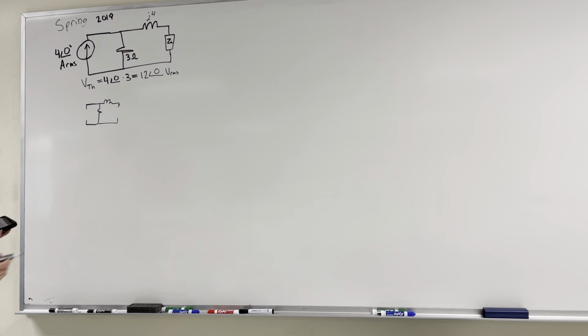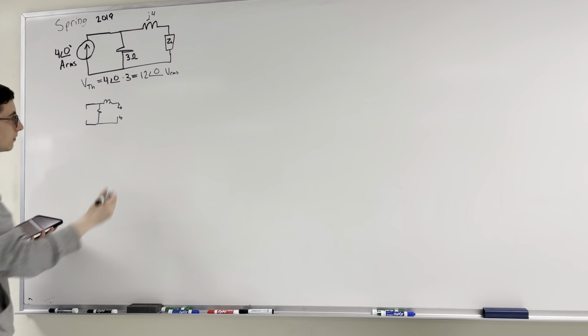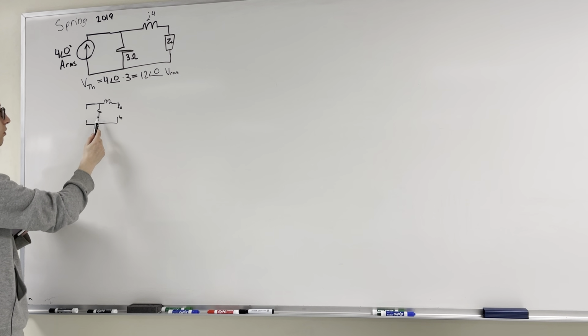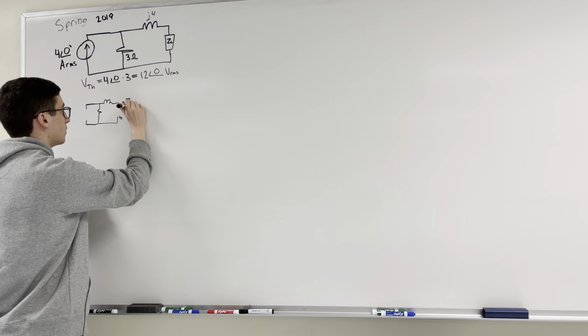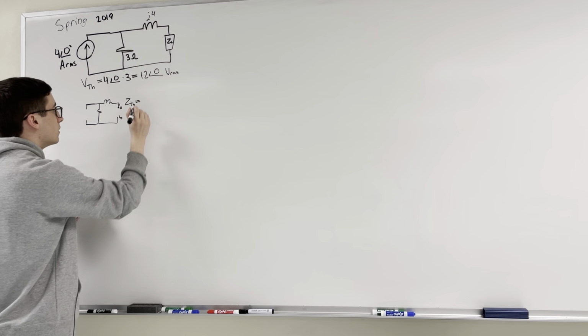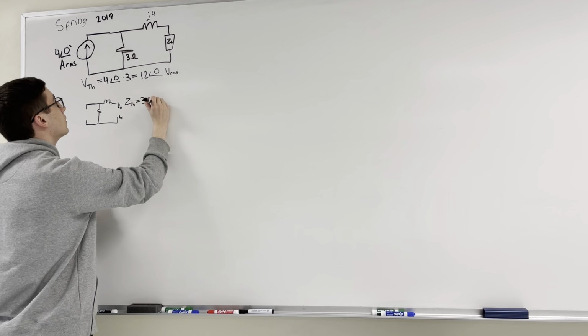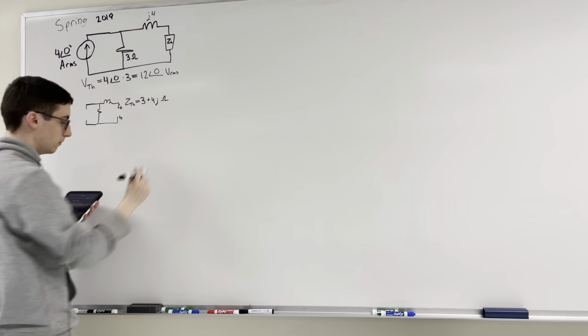We start at point A and end up at B. We go from A through this inductor and then through this resistor, so they are in series. So ZTH is going to be equal to 3 ohms plus 4j ohms.